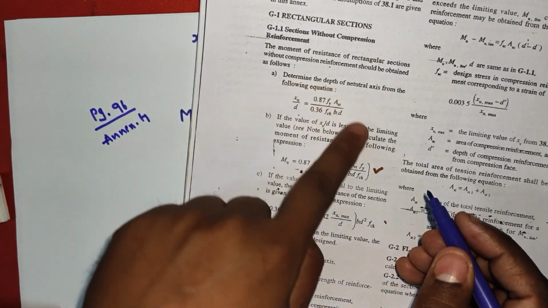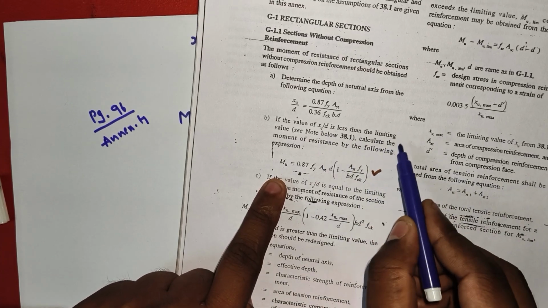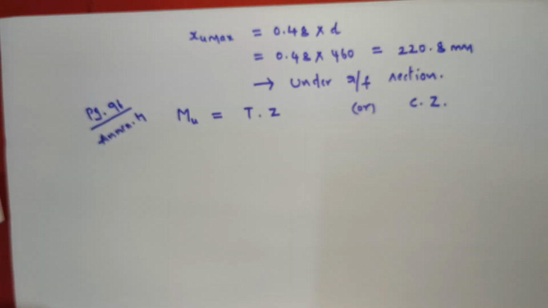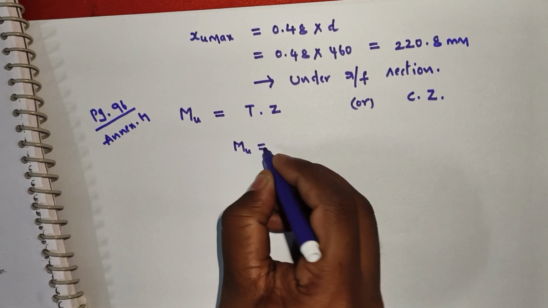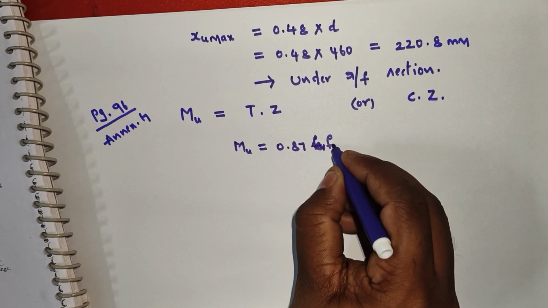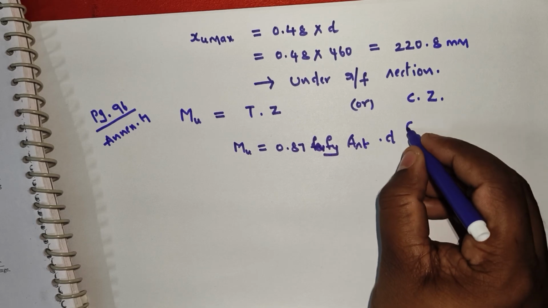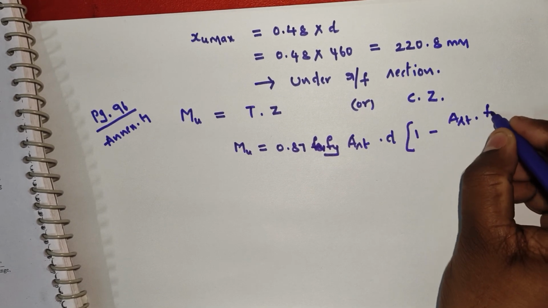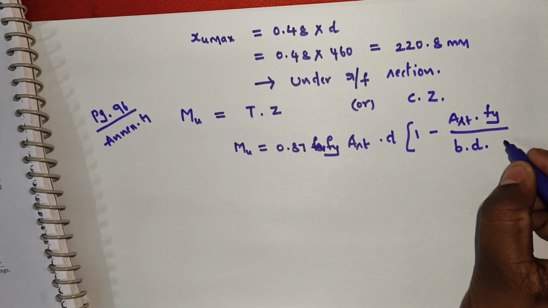When the xu by d value is less than xu max by d, you can use this formula. Mu is equal to 0.87 fy Ast into d into 1 minus Ast fy by b times d times fck.